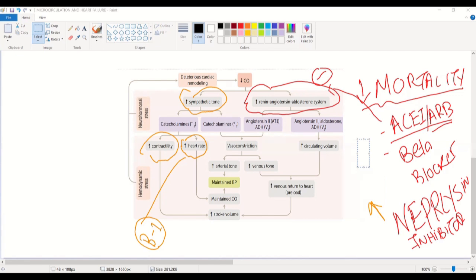Sacubitril is a newer drug that also decreases mortality in heart failure. So why am I discussing this? Because you have to identify the drugs that decrease mortality in heart failure, right? So the beta blocker targets the sympathetic system, right?